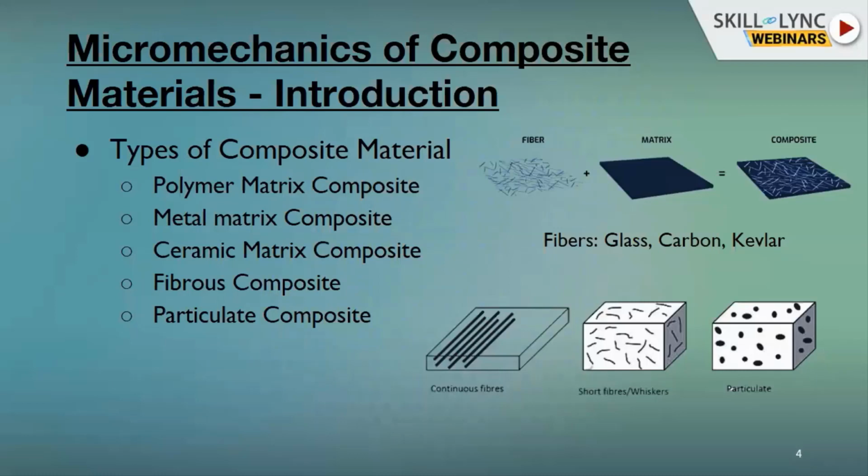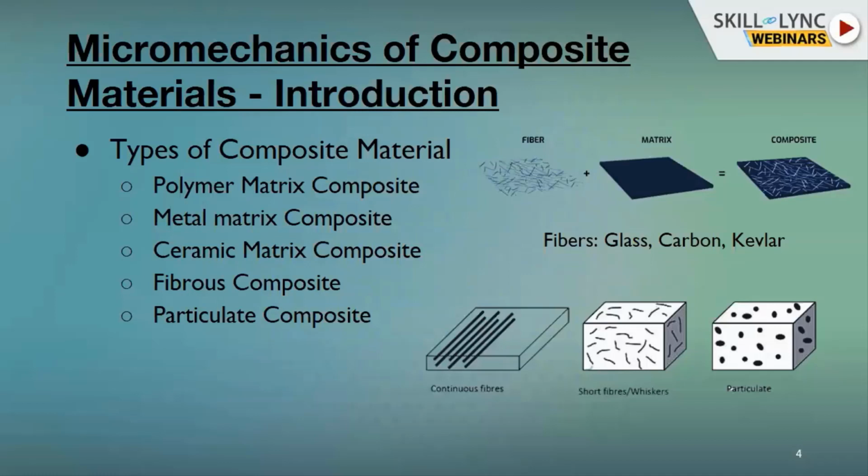Most of the composite materials in use today are polymer matrix composites. Nevertheless, there are various other composites made of a metal matrix, and we have ceramic also as a base matrix, which forms the ceramic matrix material.